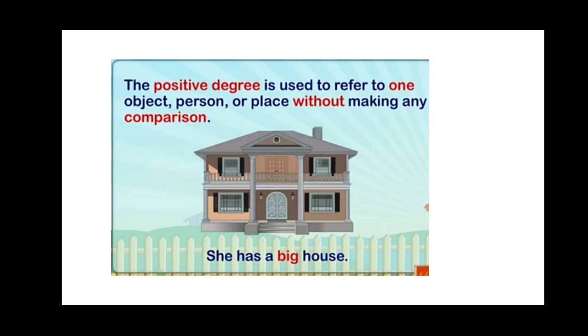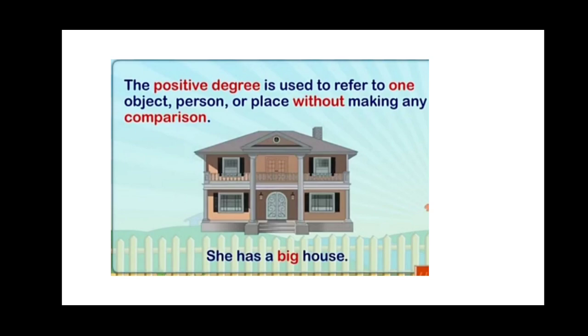In positive degree no comparison is made. We are going to talk about only one person, object or place. Clear? See the example, she has a big house. Here we are not comparing anything. Simply we are talking about a house.